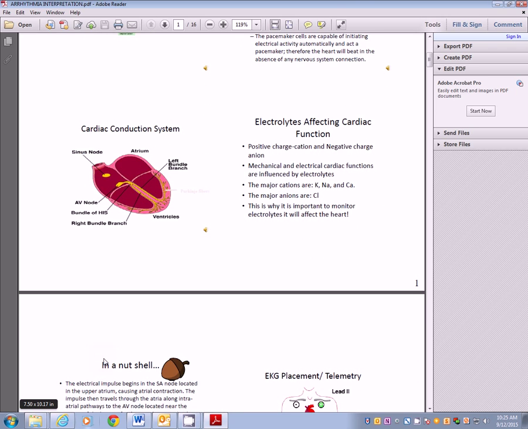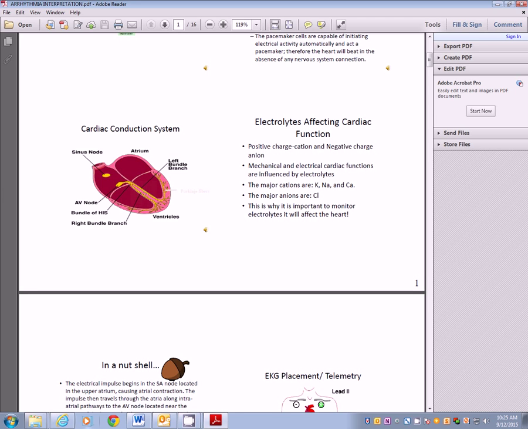Now, the cardiac conduction system, if you're looking here, you can see again that there are electrical cells in the heart and they're arranged in a system of pathways called the conduction system, and that's this whole system. We know again that the conduction system consists of the SA node, located in the upper atria. The AV node, which is located in between the atria and the ventricles.